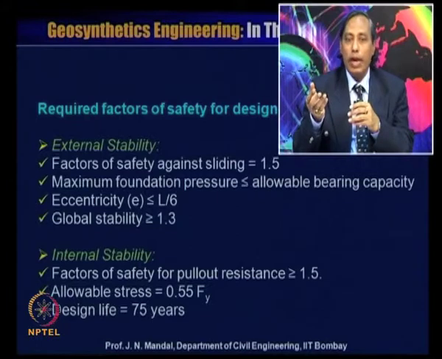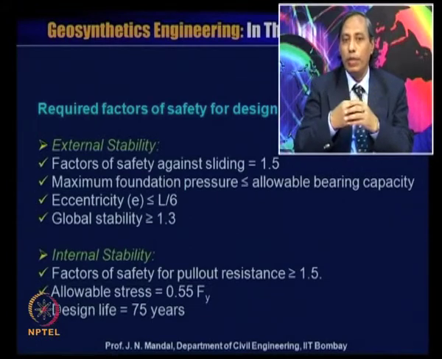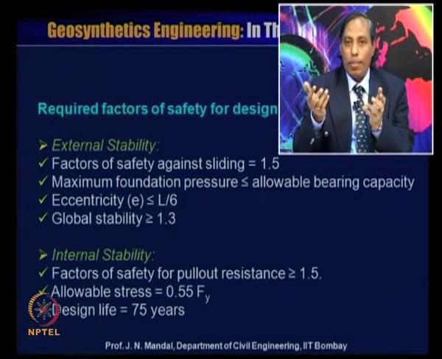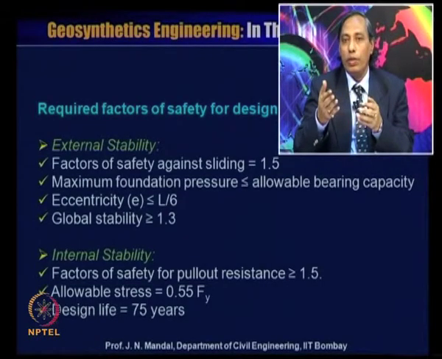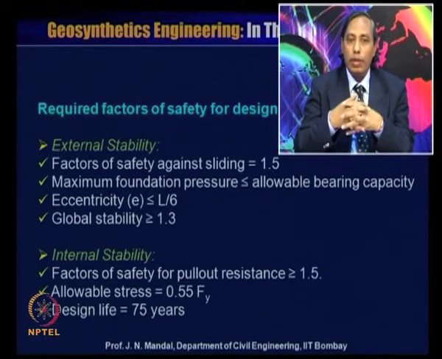At the same time, due to overturning there is a possibility of failure. So you have to consider the eccentricity, a measure of earth pressure distribution. The eccentricity e should be less than or equal to L by 6, and you have to check the global stability, which should be greater than or equal to 1.3.